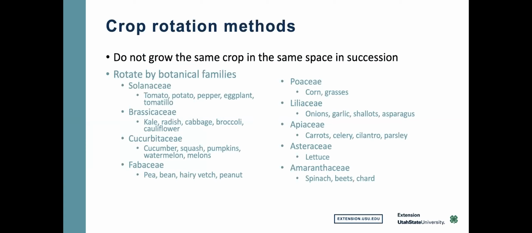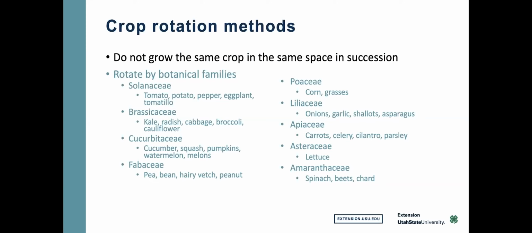They're helpful in thinking about it in terms of botanical families, because pests, diseases, conditions are also often grouped together as these botanical families suggest. And so by rotating according to family, you can be really effective in that rotation.